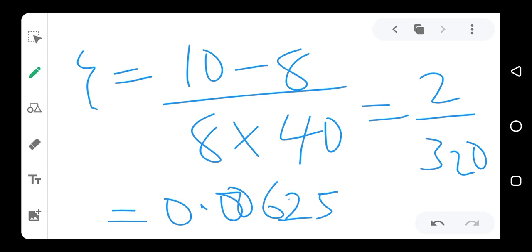Why are we talking about apparent liquid expansivity? Because we cannot get the volume of the liquid directly, because we cannot heat the liquid directly. We can only get the volume of the liquid when we put it inside something.